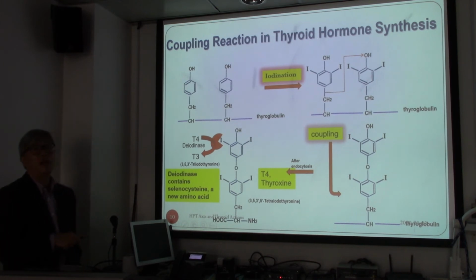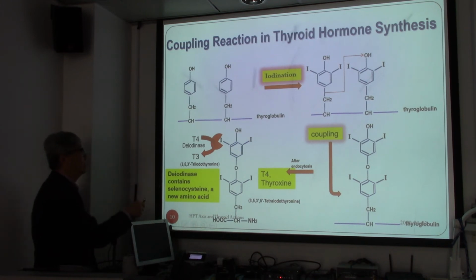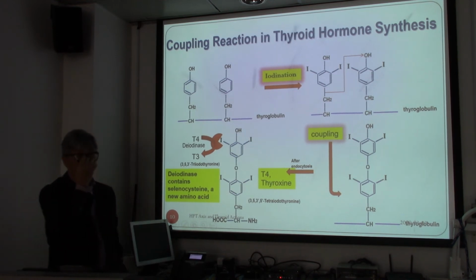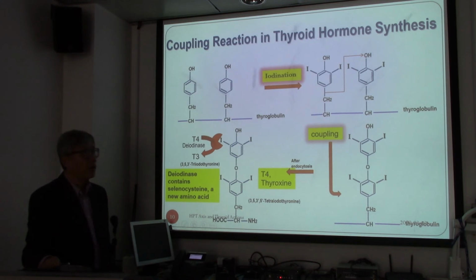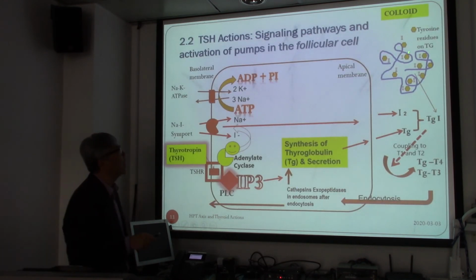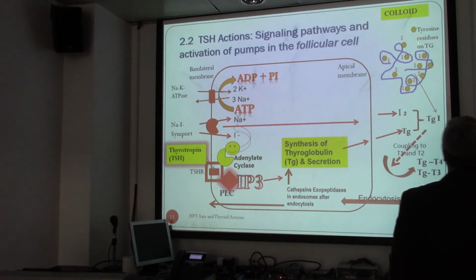So it's a cysteine residue actually containing an element known as selenium. It's a new type of amino acid found around 30-40 years ago.